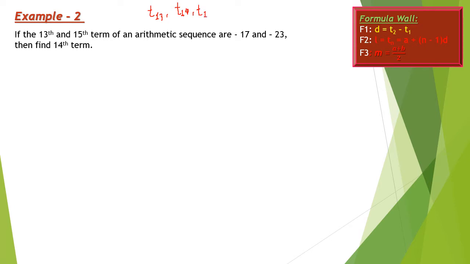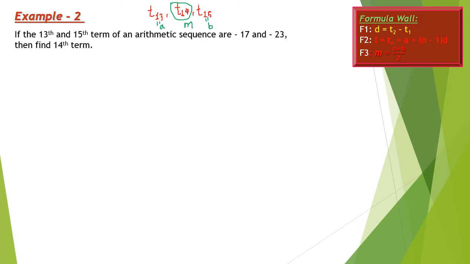So from the mean concept, what we know is the term in the middle, that is T14, is the arithmetic mean between T13 and T15. So we can apply the mean concept here. T13 will be A and T15 will be B, and we have the value of A and B, so T14 will be M, isn't it?